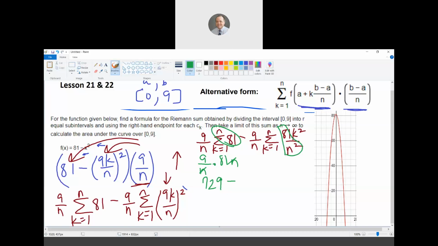So when I pull out the 81 over n squared and multiply it by 9 over n, that will give us 729 over n cubed times the sum going from 1 to n of k squared.